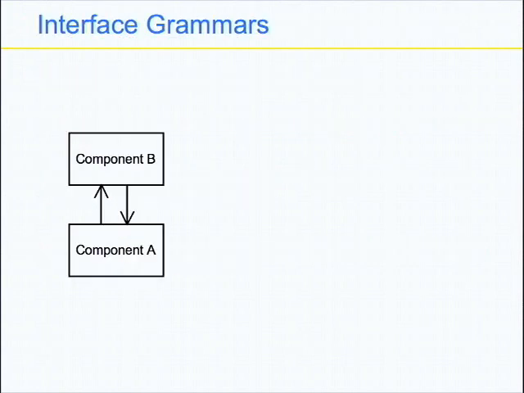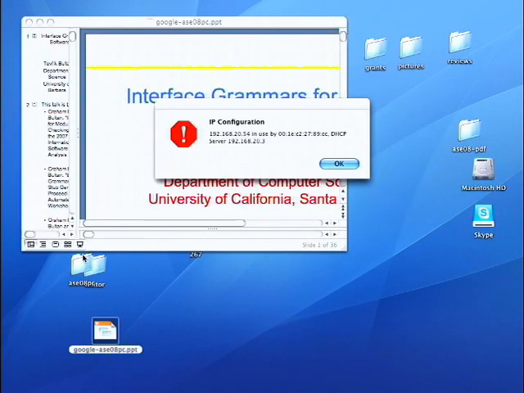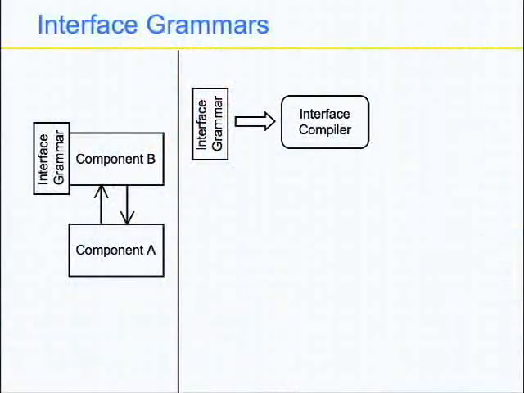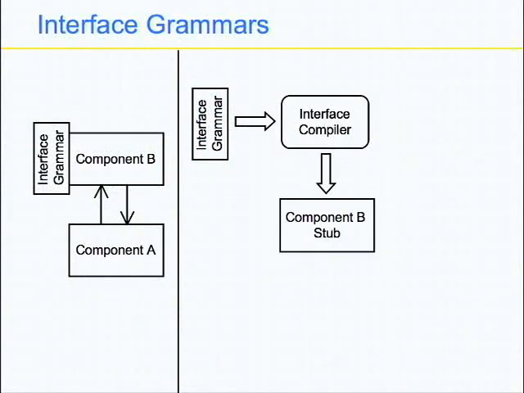So again, the scenario is I have two components maybe, and I want to check component A, okay? So write an interface specification for that component B that you don't want to check. So now we take the interface grammar that you wrote, we feed it to our interface compiler, which is going to generate a stub for that component, okay?